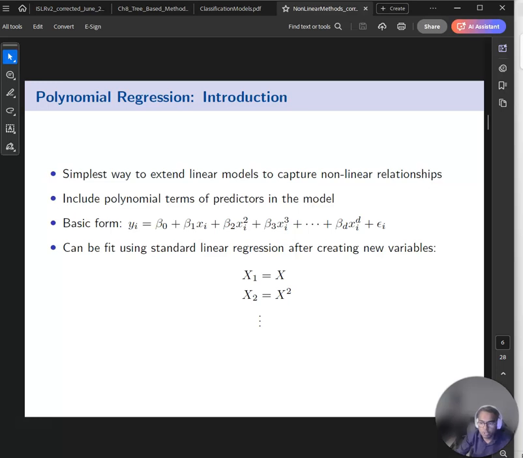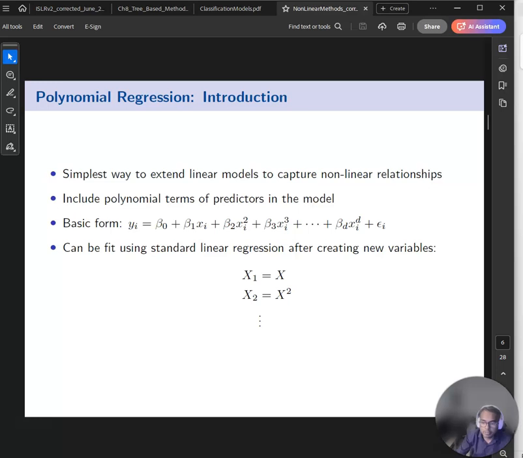Therefore, our model looks like y equals beta naught plus beta 1 x plus beta 2 x squared plus beta 3 x cubed plus dot dot dot up to beta d x to the power d, plus epsilon. What is elegant about this approach is that we are still technically using a linear regression.